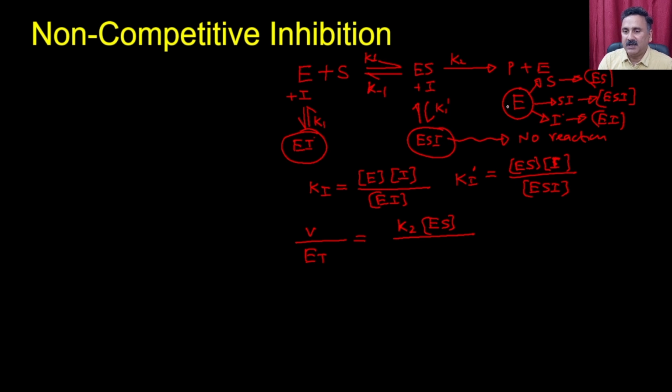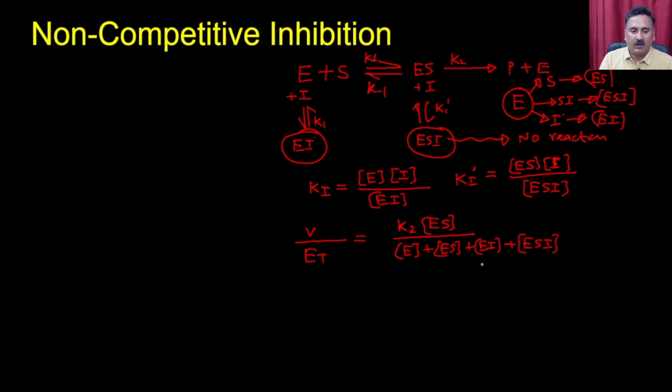In this case, ET would be E plus ES, plus EI, and then ESI.